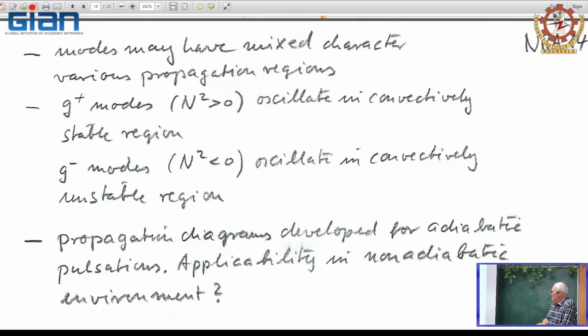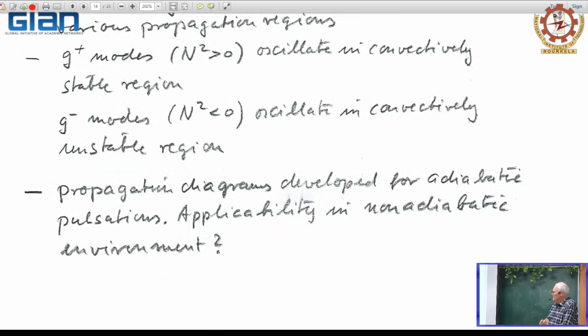Okay, well, the last remark here is the propagation diagrams have so far been discussed and developed for adiabatic pulsations, and they are strictly useful or maybe used in a strict sense only if we consider adiabatic pulsations. The question is whether they are also applicable in non-adiabatic environments.